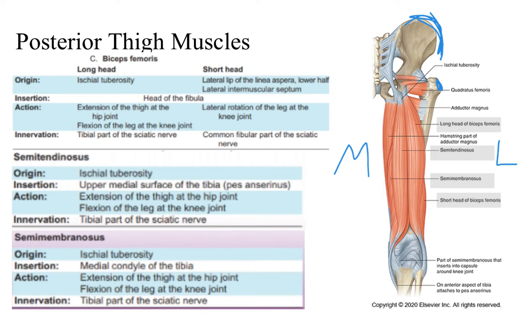Going from lateral to medial, we have our first muscle, the biceps femoris; our second muscle, the semitendinosus; our third muscle, which is actually deep to the semitendinosus, the semimembranosus; and then 4 here, the hamstring portion of the adductor magnus, which again we're not going to go over in this lecture.